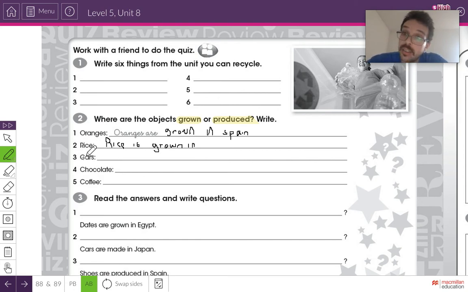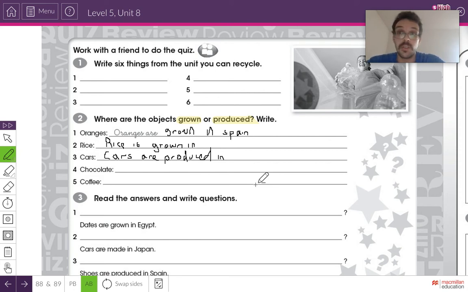Next one, it says cars, right? So cars, obviously, it's not a plant, so we have to use the verb produced, right? So we're going to say cars are produced in, and you write the country.